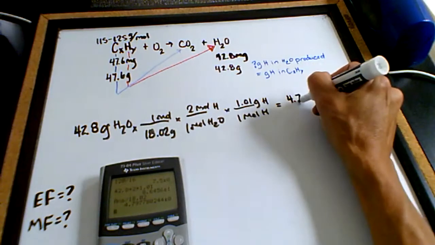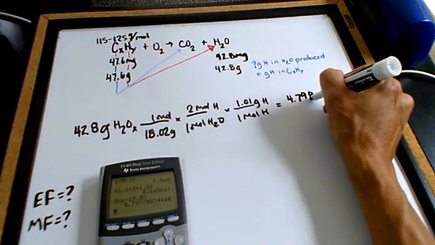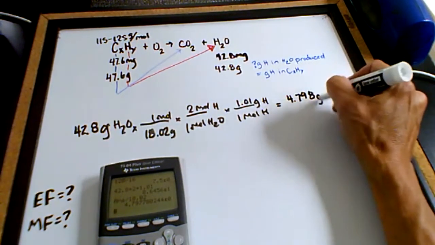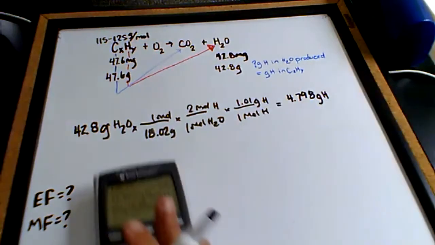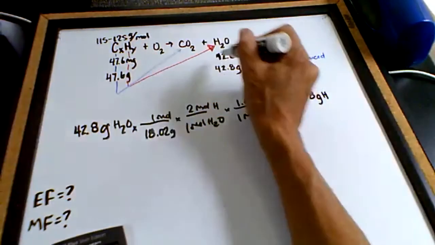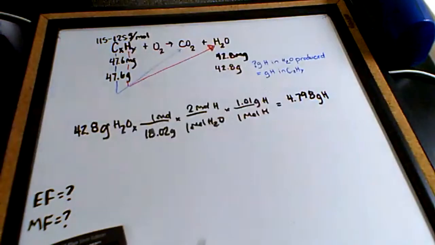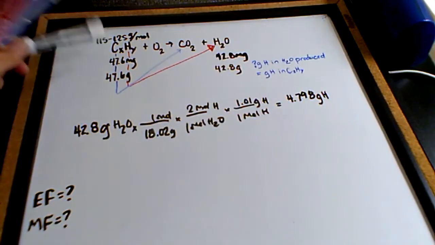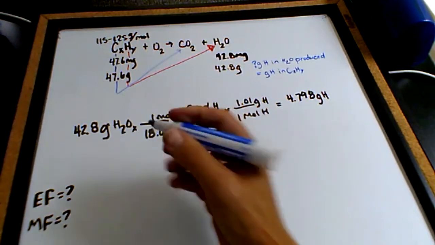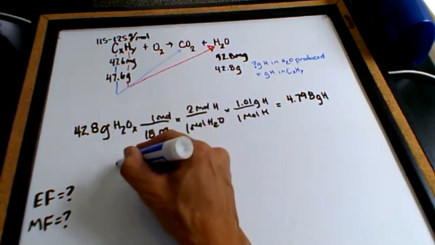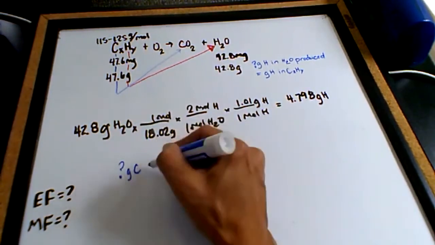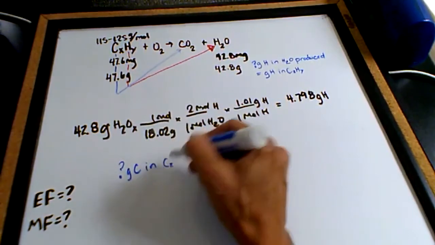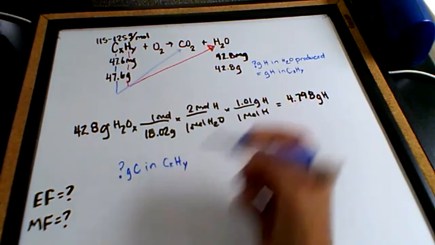Now I'm not going to round this until I get to the grams of hydrogen, right? That was how much is in here. It's also how much was in the Q-mean. Now, I need to know how much carbon was in there. So, how many grams of carbon in the Q-mean? That's what I'm going to find out.